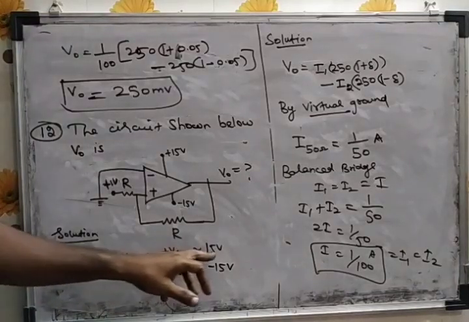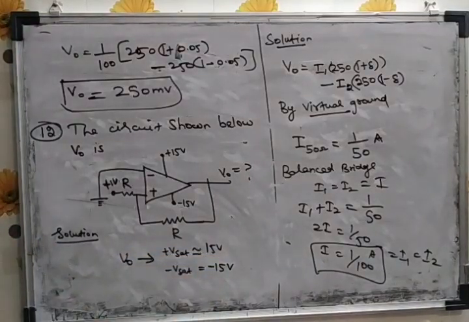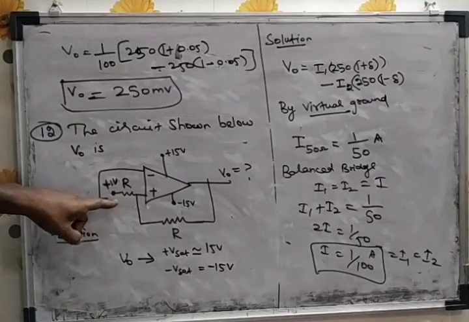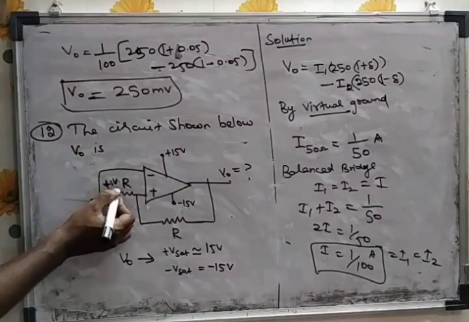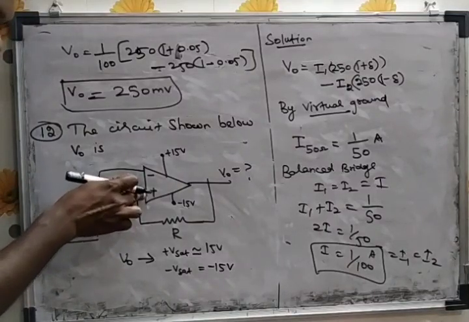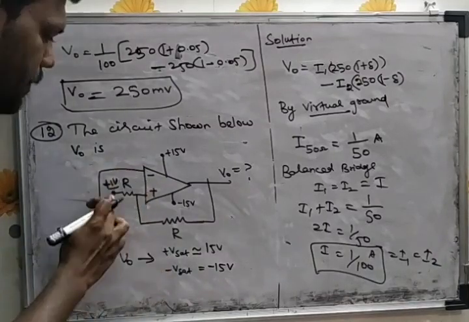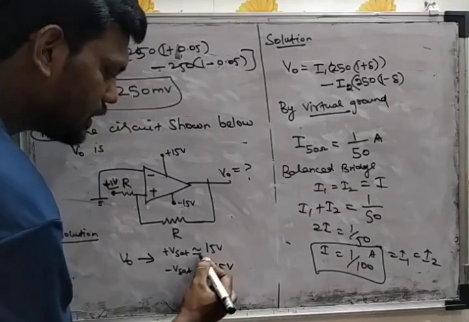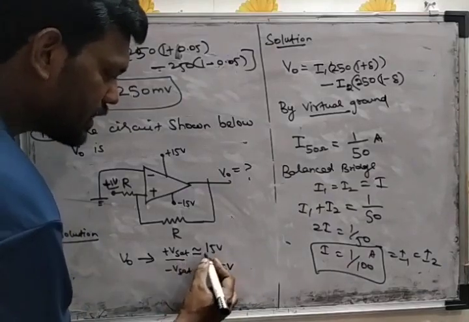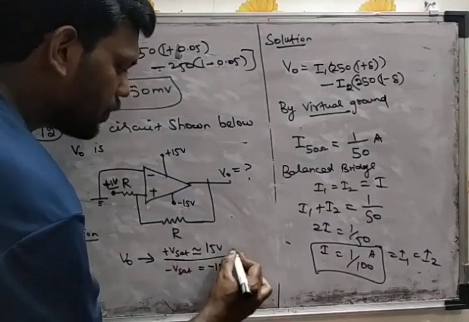In this circuit we are applying 1 volt to the non-inverting terminal, so your output is plus V saturation, that is 15 volt.